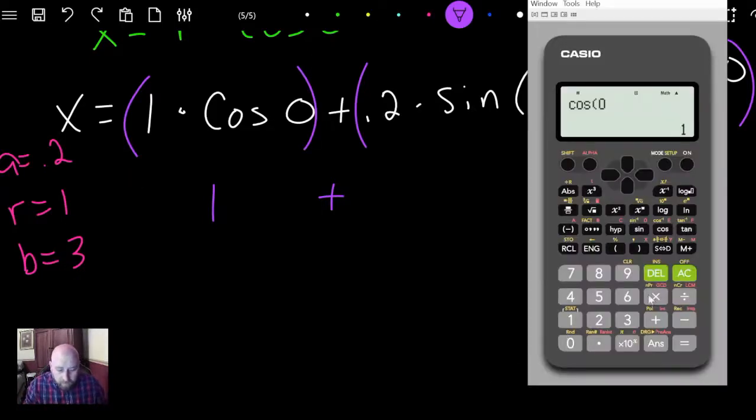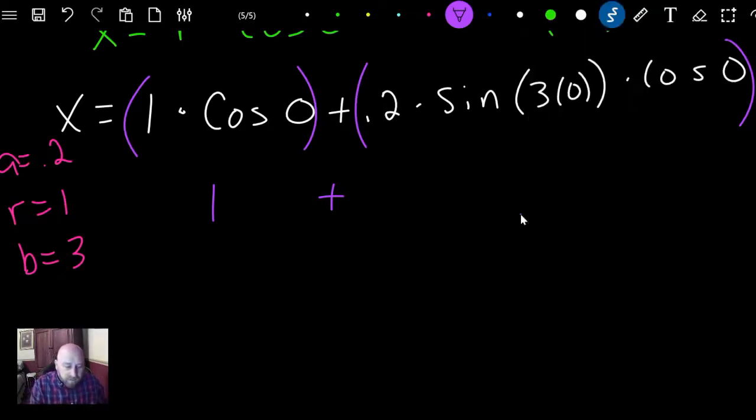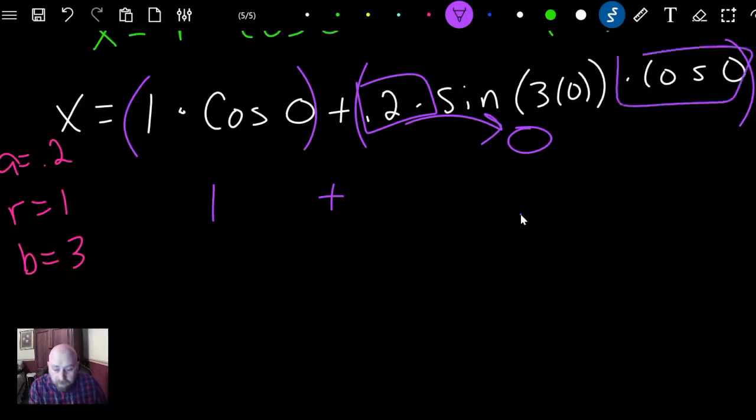Maybe you remember the sine of 0 is 0. So check this out: as soon as that 0 is out, 0.2 times 0 is 0. And then the cosine of that is 1, but anything times 0 is 0. So that zeroes out. So we have 1 plus 0 equals 1. So our answer should be 1.